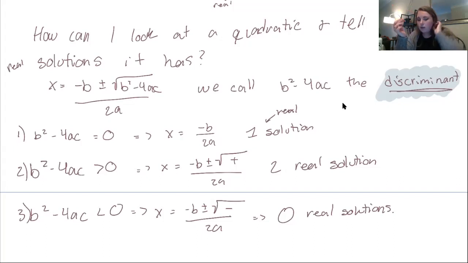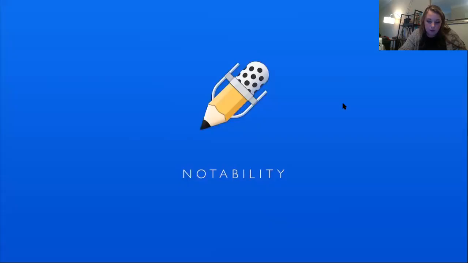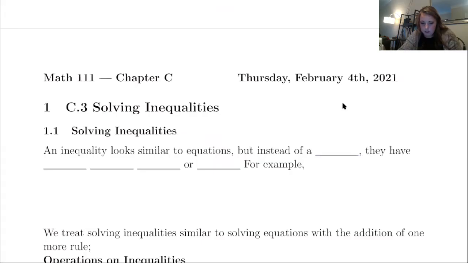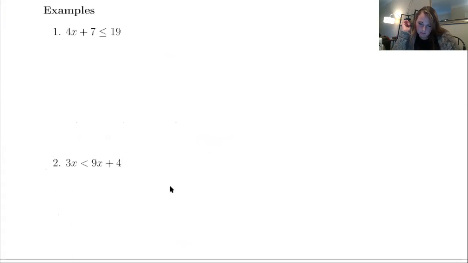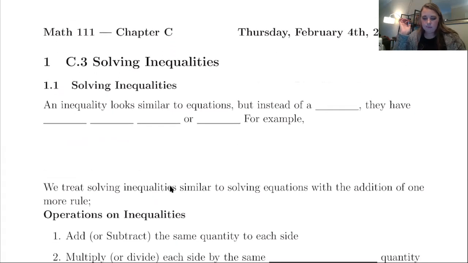Okay, awesome. So now that we know how to solve linear equations and quadratic equations, we're now going to look at inequalities. I need to find my already written notes. How long is this one? Oh, not that long. So maybe we'll finish it today.